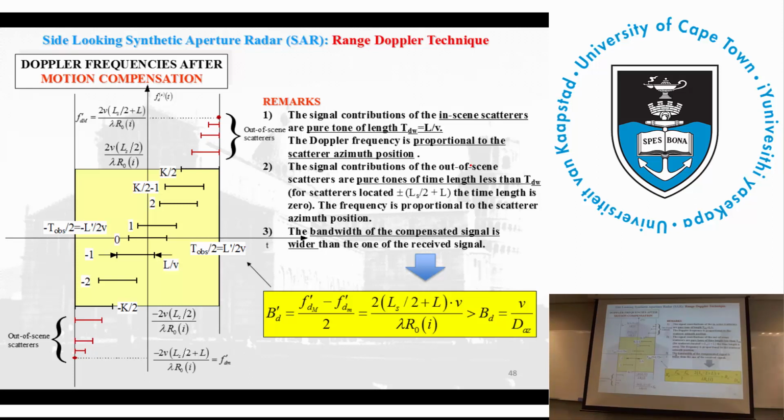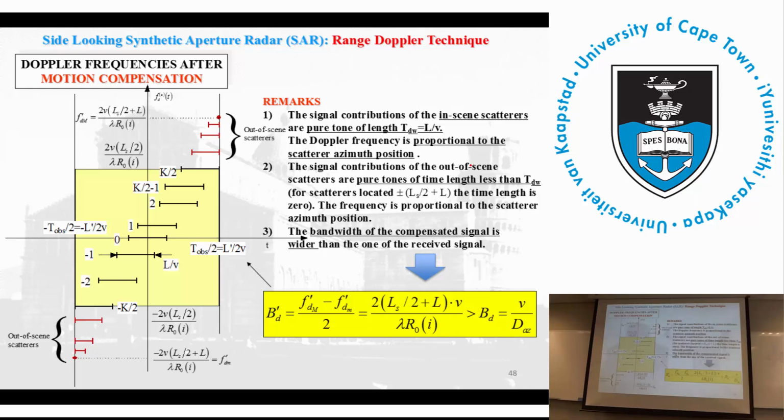If I want to write this down, I would say that my received signal, after compensation, is the sum, actually let's put 0 as well, of components that are sigma i, e to the minus j 2 pi f_di t.